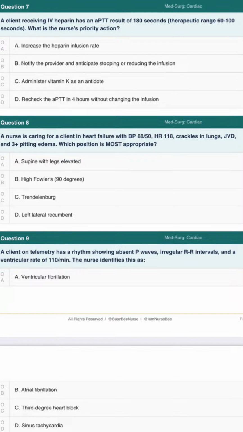The other statements are all accurate. ACE inhibitors commonly cause dry cough, so that's an effect that you will see on the bottle. And angioedema is very serious, so if you start having issues like that, of course you have to report it.